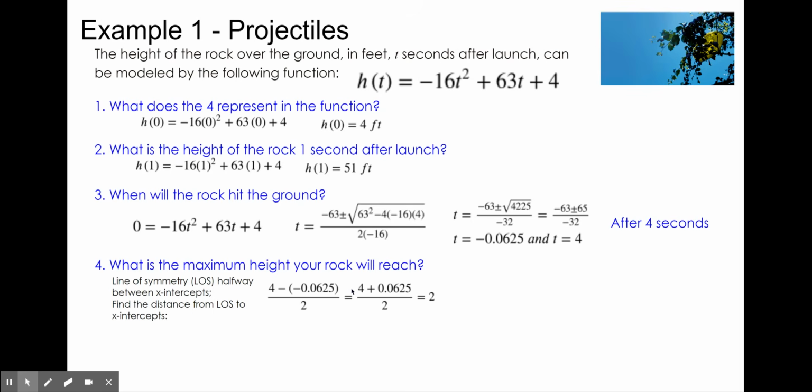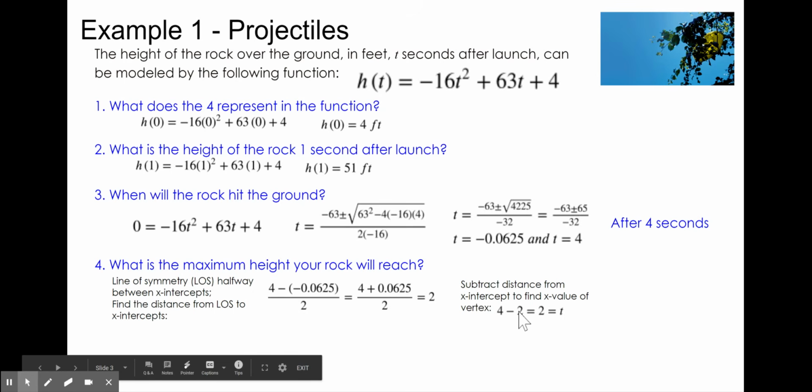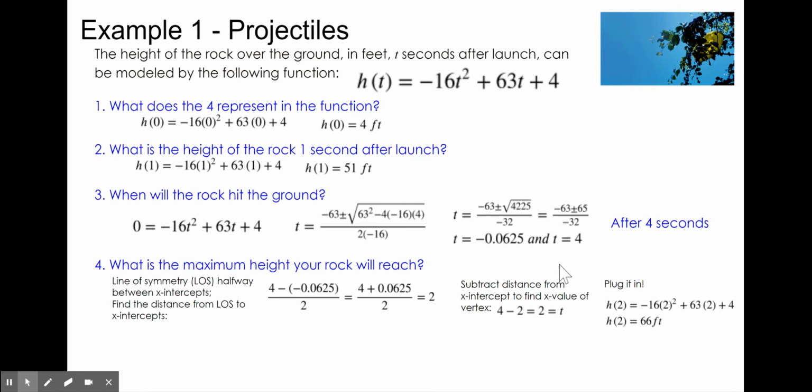To find this distance, I average my two x-intercepts. 4 minus a negative is the same as 4 plus 0.0625, divided by 2, and we round that to 2. 2 is the distance from the line of symmetry to the x-intercepts, so I can subtract 2 from 4 to find the x value of my vertex. 4 minus the distance to the line of symmetry equals 2, so the vertex is at a time of t equals 2.